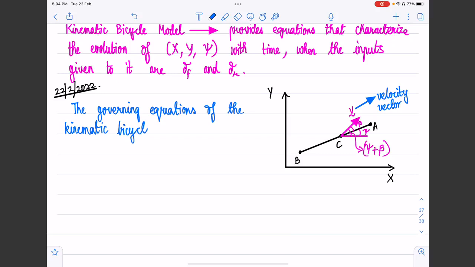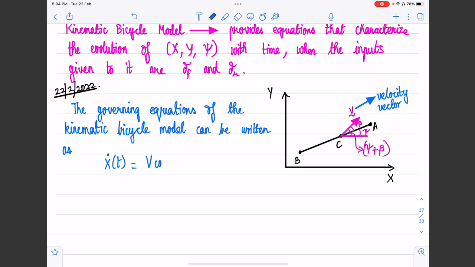So the governing equations of the kinematic bicycle model can be written as the following. First, if we resolve the velocity vector along the capital X axis, we are going to get the X component of the velocity vector, which is nothing but X dot, which is dx dt.